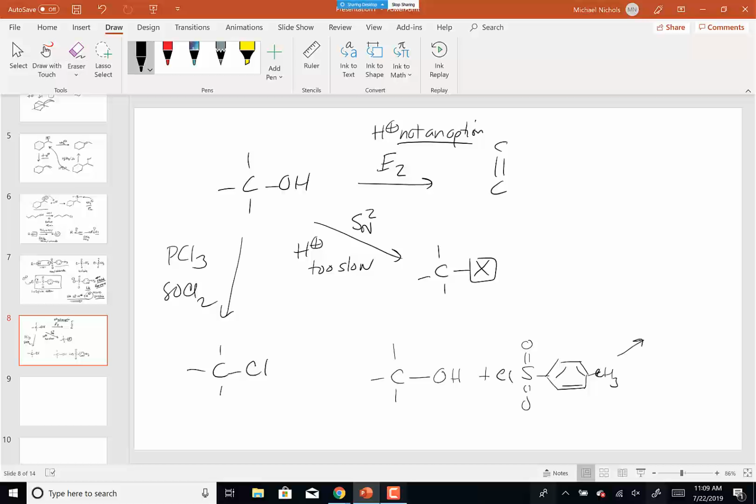And if you react it with tosyl chloride, you end up forming the tosylate ester with the ring and the CH3. And now this is a good leaving group.